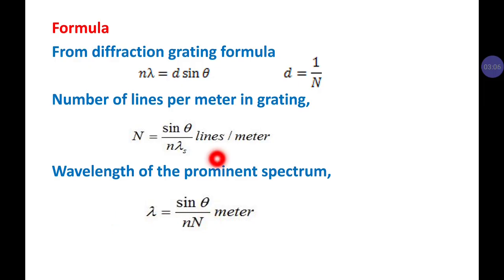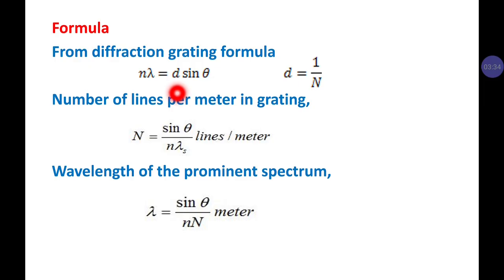To calculate the N value, the number of lines per meter in a grating plate, we need a known source, which means the wavelength of the source should be known. So we use the sodium wavelength here. Using a sodium source, we can calculate the number of lines per meter in a grating plate, and then we can calculate lambda.